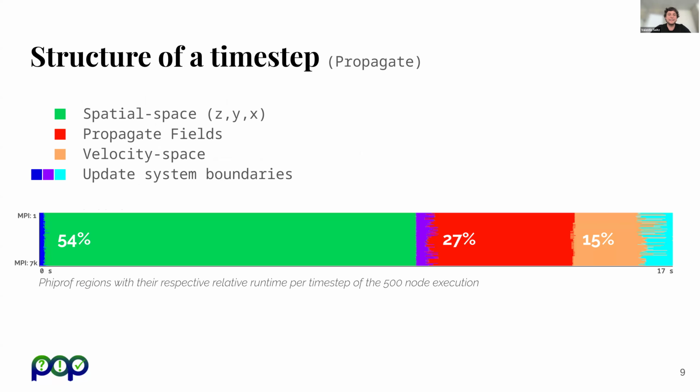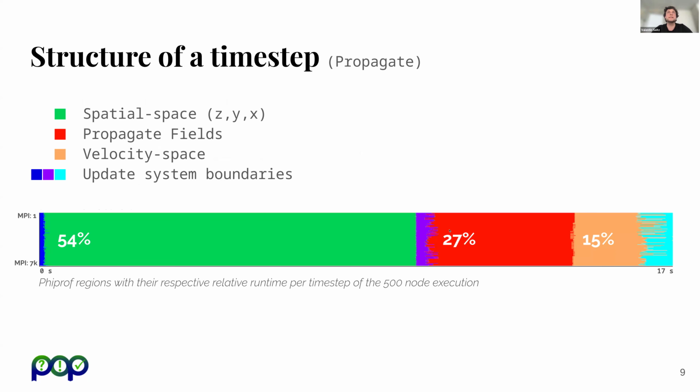So first of all, this is what a typical time step looks like for Vlasiator at 500 nodes in MareNostrum 5. The time step region is called propagate, to propagate the simulation state along. The biggest region here, in green, is the spatial space region, which takes around 50 to 55% of the time.